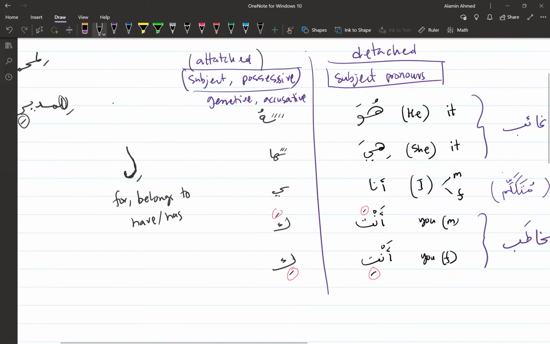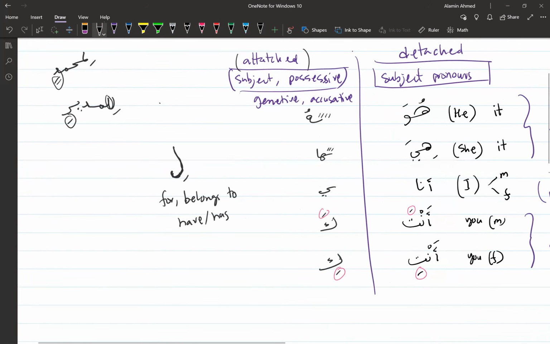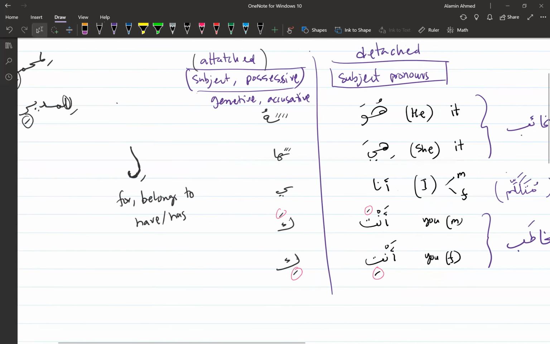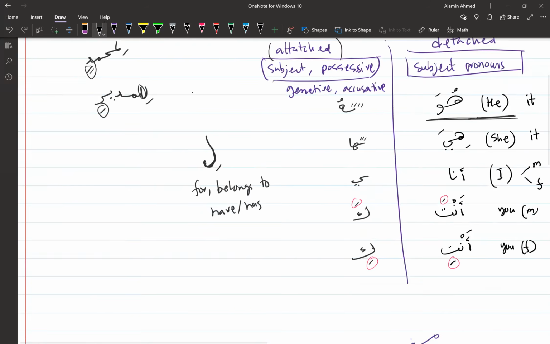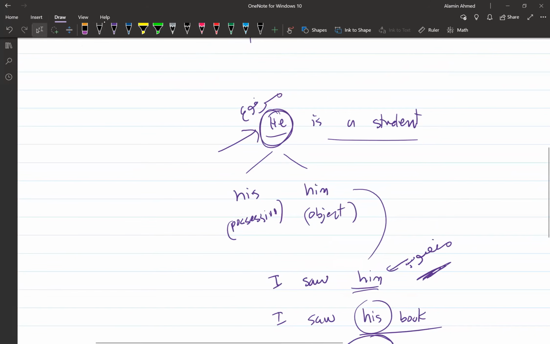But now I want to use pronouns. I want to say it is for him. See, even in English we cannot say it is for he. We have to use the other form, the pronoun form.